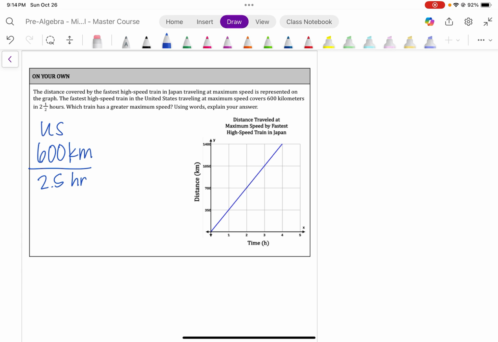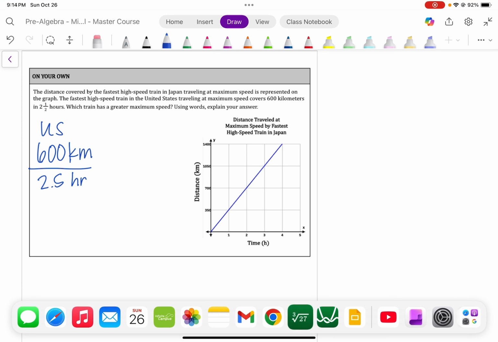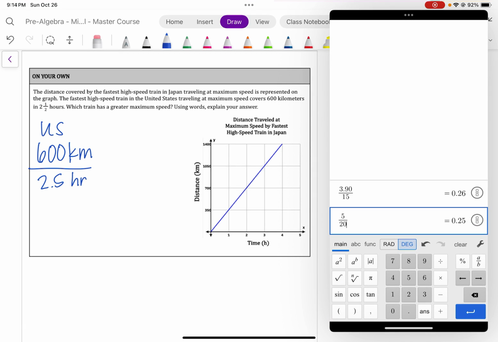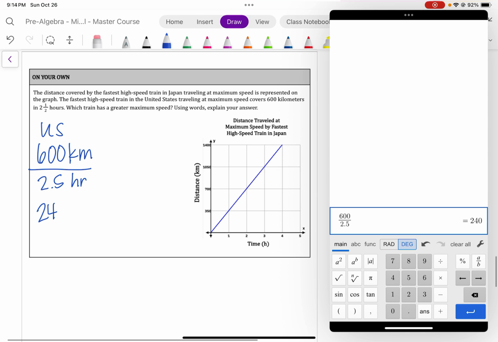So we're going to simplify that and then do the same thing using the graph. So let's start with the rate of the U.S. train. 600 divided by 2.5 is 240 kilometers per hour.